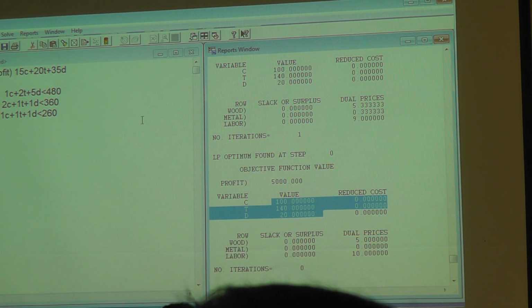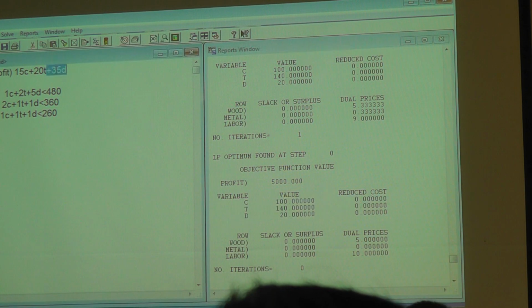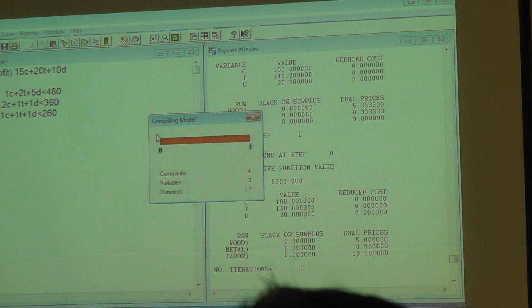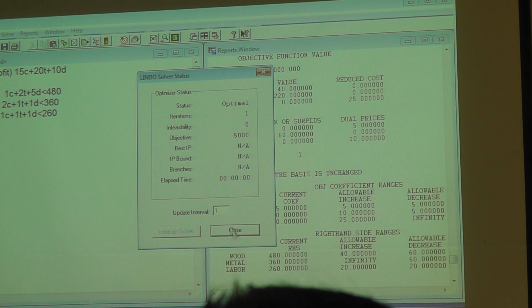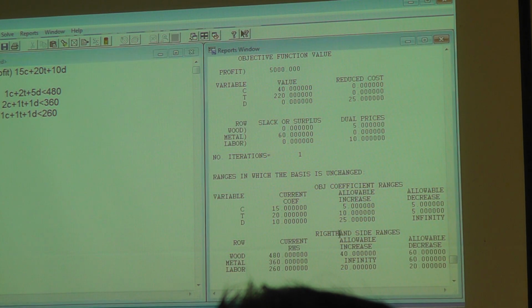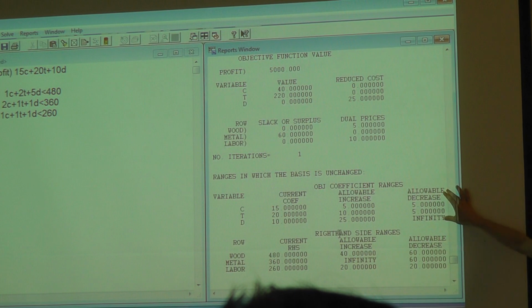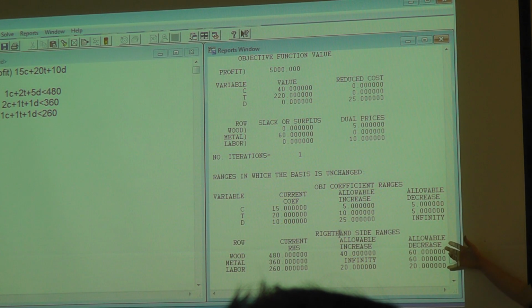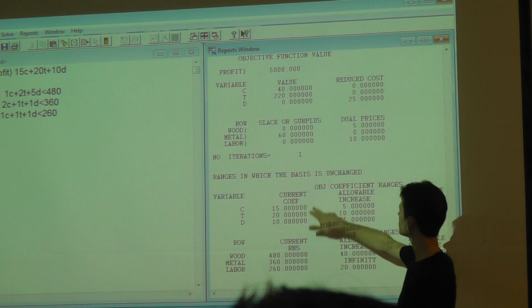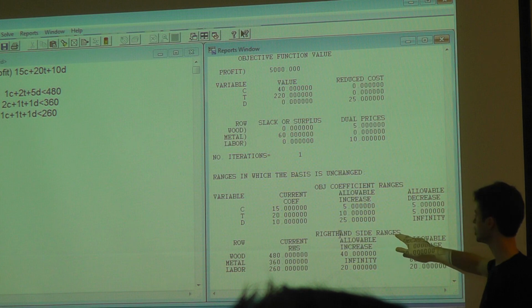So let me go back to the solution of the original problem, perform sensitivity analysis. So now we understand what is the meaning of this table. There is one more table that I also want to explain. It's about right-hand side changes.